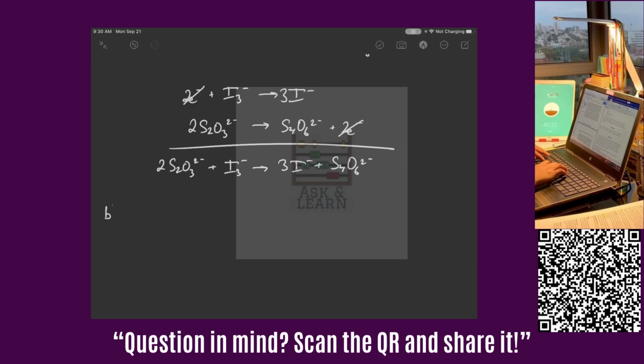And now for part B, we're going to use these two balanced equations, and we're going to find the mass percent of the NO2 minus ion in the sample.